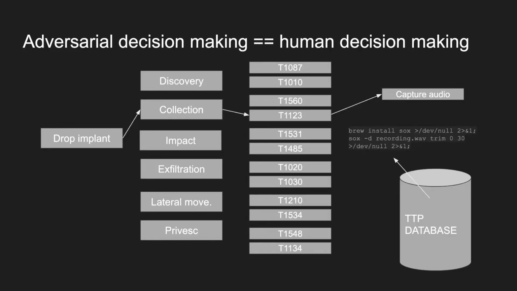And so I look into my database of TTPs, the commands that come out of my head or that I have written down on my scratch pad, and I say, well, what can I do to capture audio? I need to install an audio recording package on macOS, so SoX is a popular one out of Brew, and I am going to install it real quick, and then I'm going to record 30 seconds of audio and dump it to a recording.wav file.